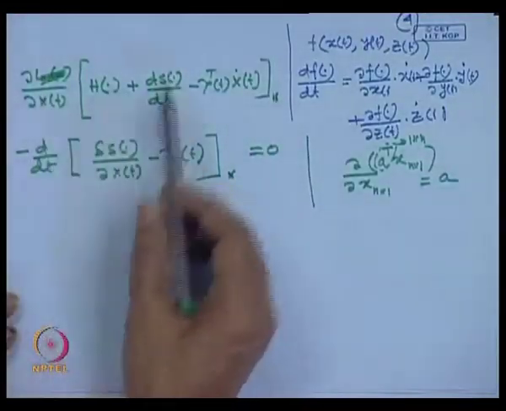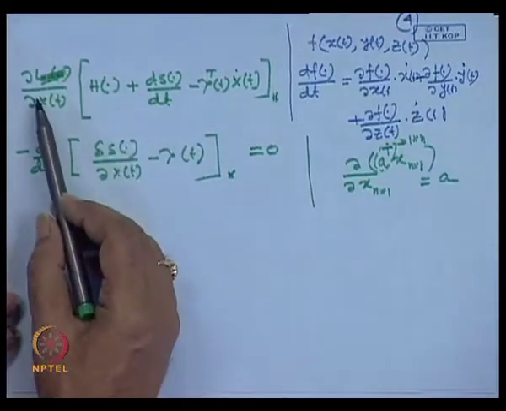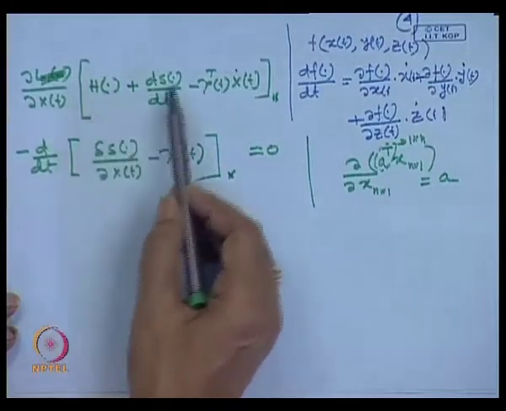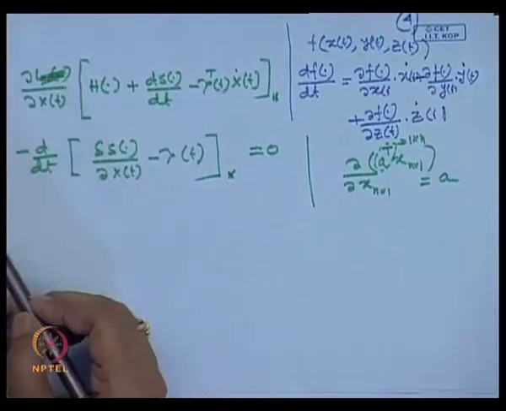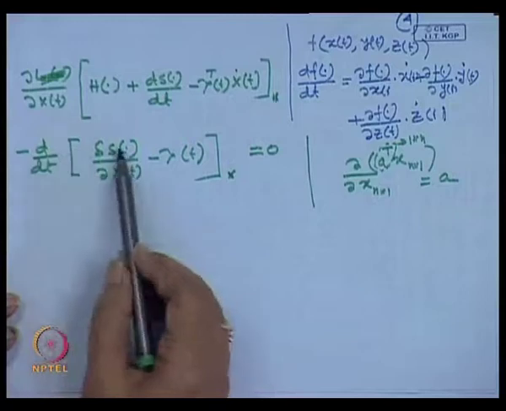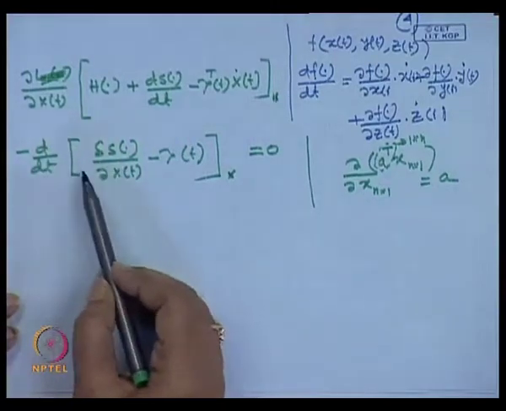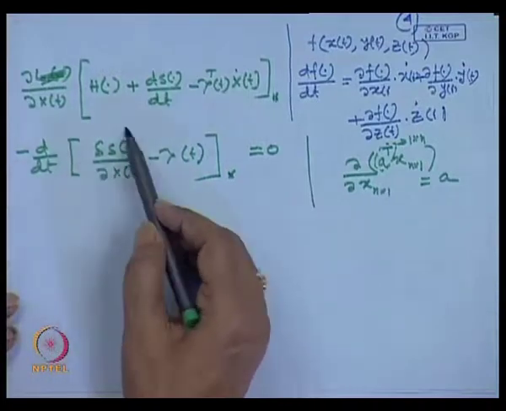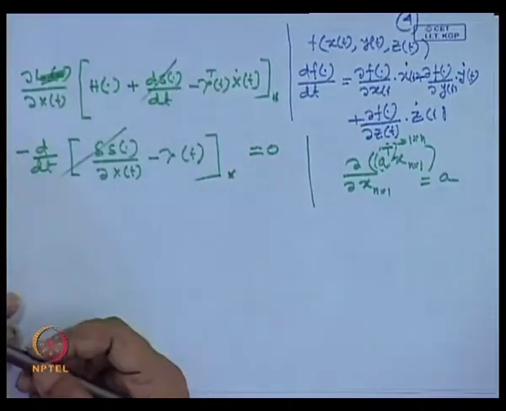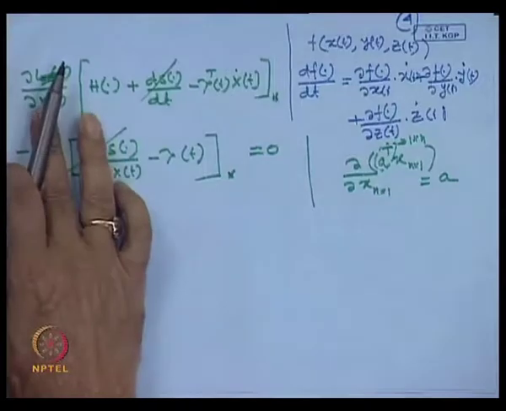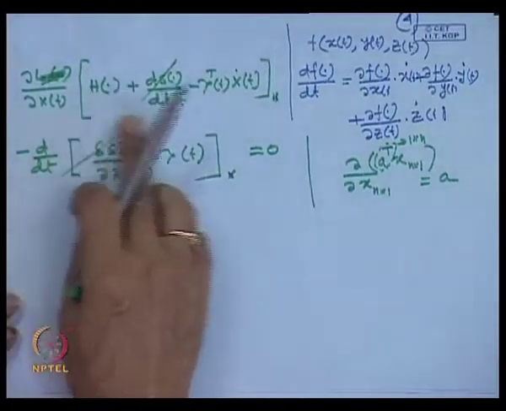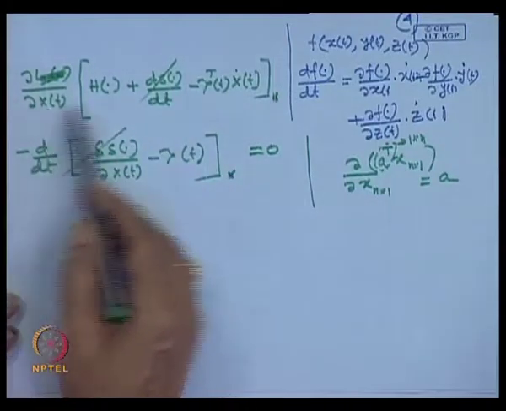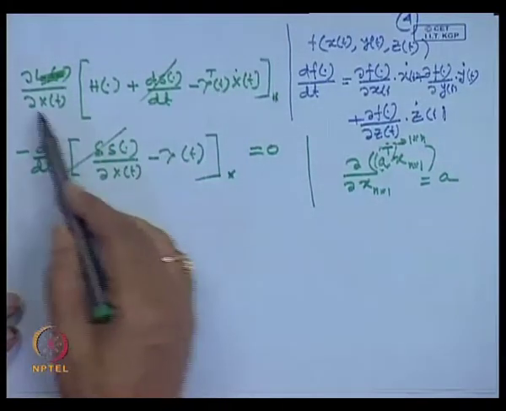Now look at this expression, the partial differentiation of that quantity with respect to x(t), and the order of differentiation we can change. If you change it, this is plus, this is minus, so this is cancelled. Only what is left over is this ∂H/∂x(t), because you have to differentiate with respect to x(t).